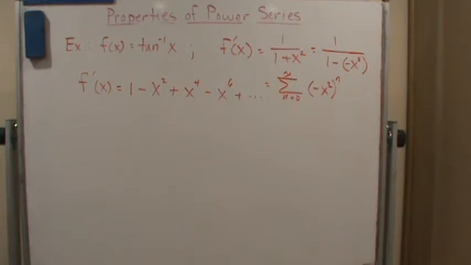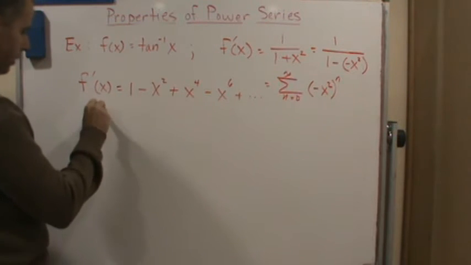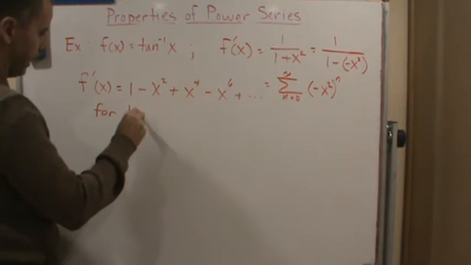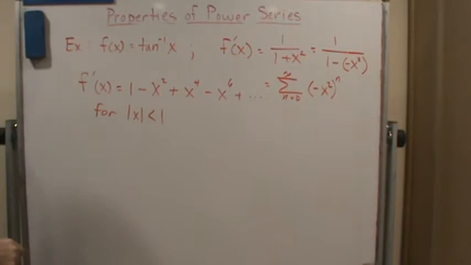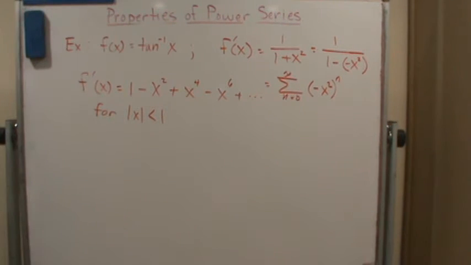Okay, so we're getting an alternating series. Now again, this is convergent for the absolute value of x less than 1, on the interval from -1 to 1.